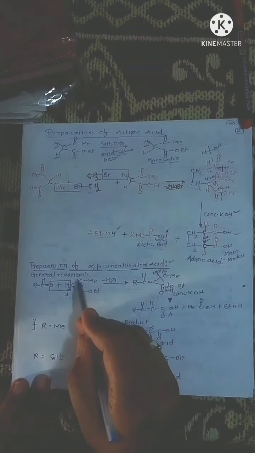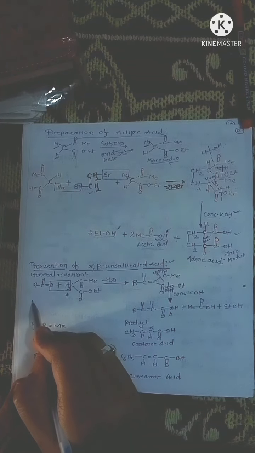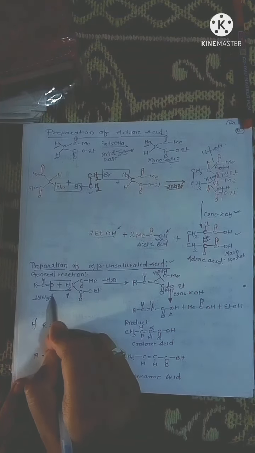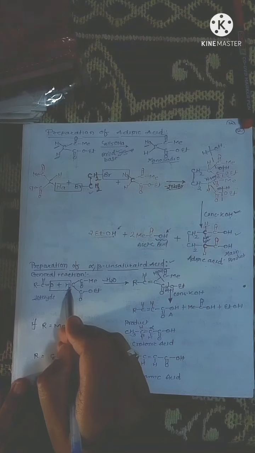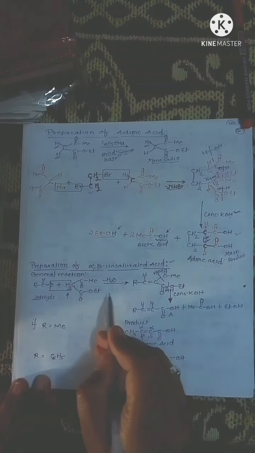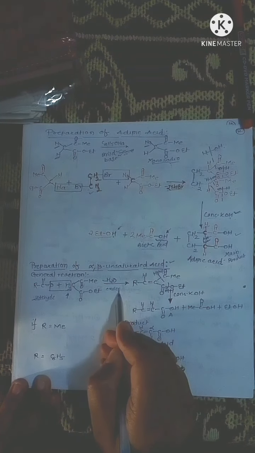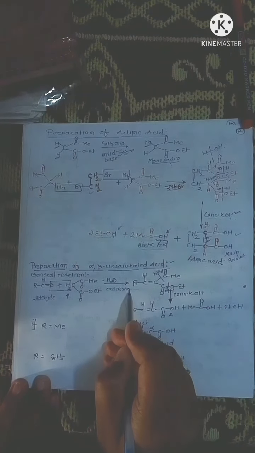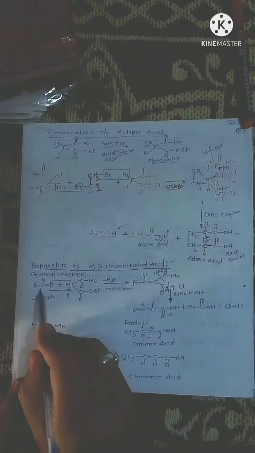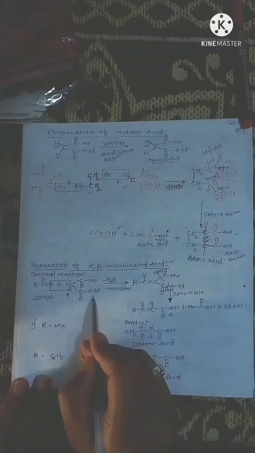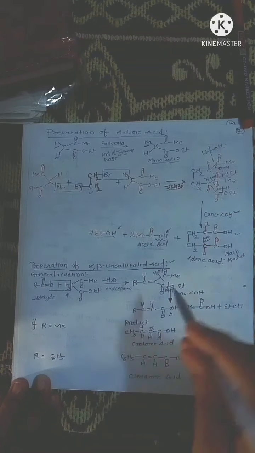When this acetoacetic ester is reacted with aldehyde, these two hydrogens and this oxygen form a water molecule, meaning it is a condensation reaction, and this part is joined with the acetoacetic part with a double bond.